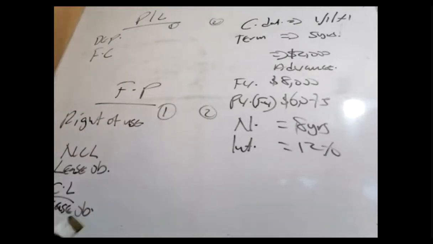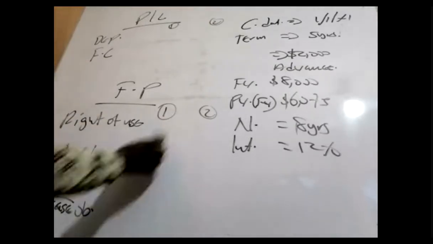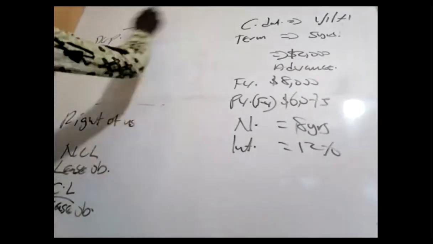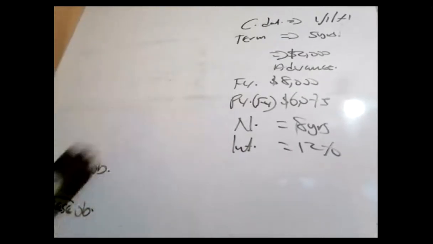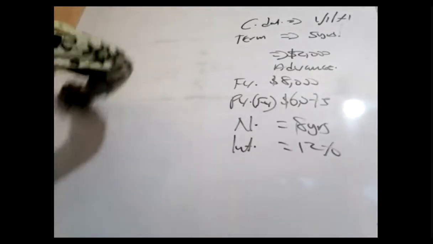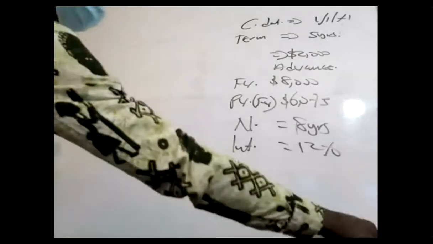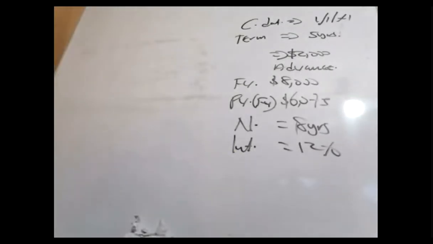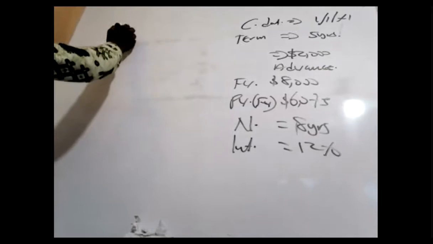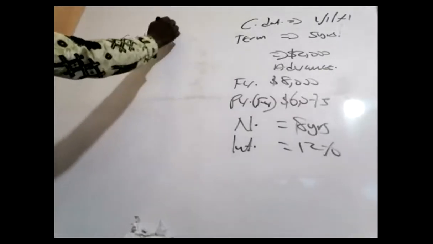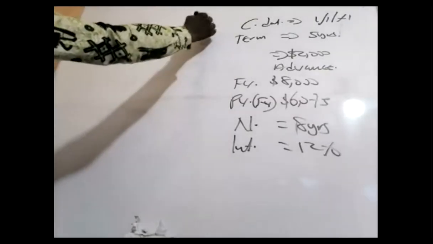Let's start. So the first thing, the cost of what? The cost of the right of use. Which comprises of what?